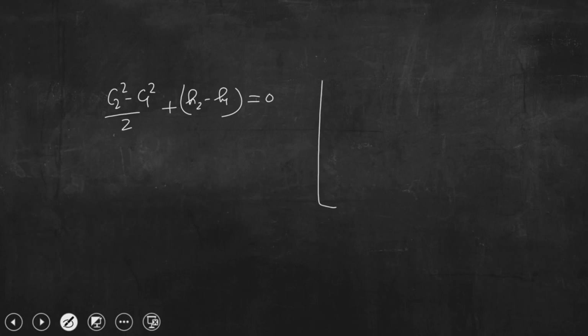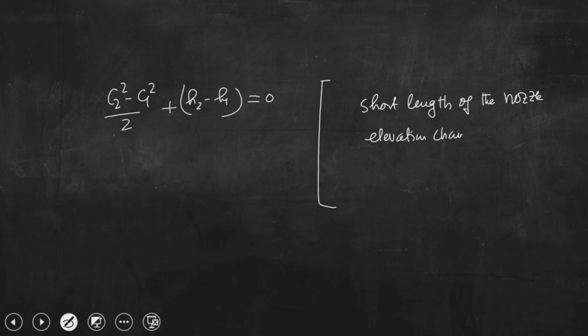So, we are assuming here that the length of the nozzle is short, so the elevation change can be neglected.